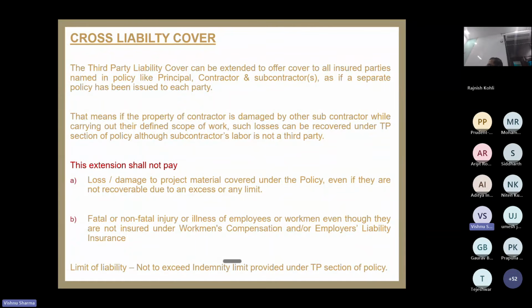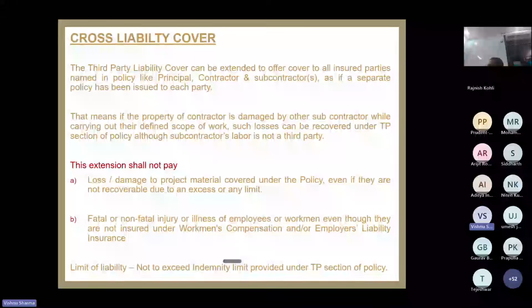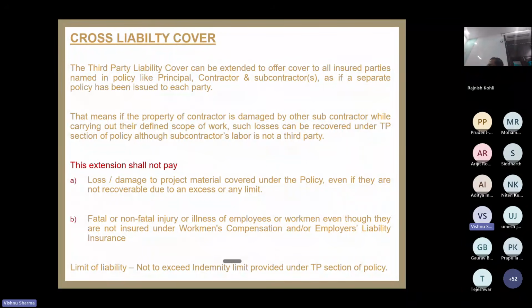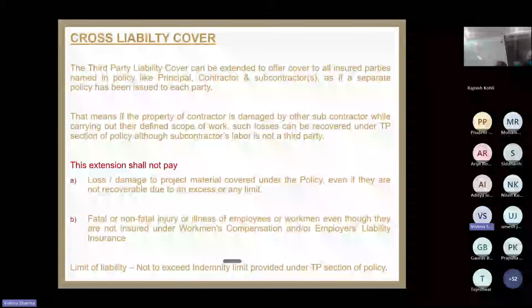So this extension shall be given when multiple contractors and subcontractors are working at one site. In that situation, there is a possibility that personal property like CPM, contractors' plant and machinery, is damaged by the contractor, by the property of another subcontractor.